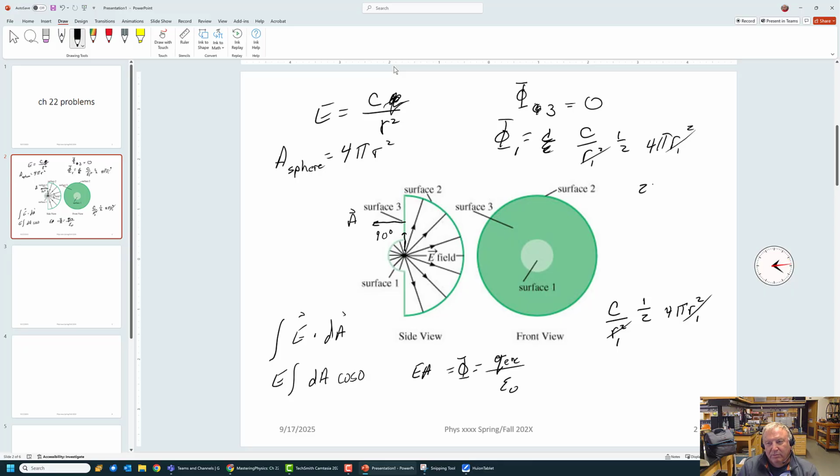So it's 2 pi k. And it turns out it's the same thing for surface 2, because it's going to be k over R2 squared times 4 pi R2 squared. Yeah, okay. And I forgot the 1/2.